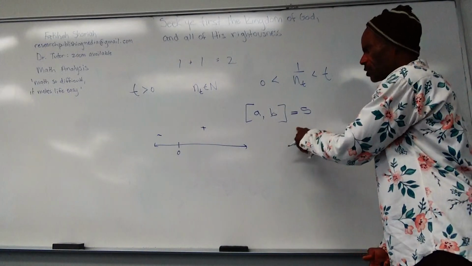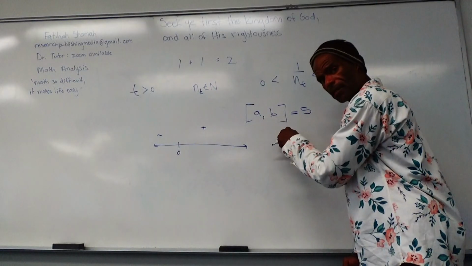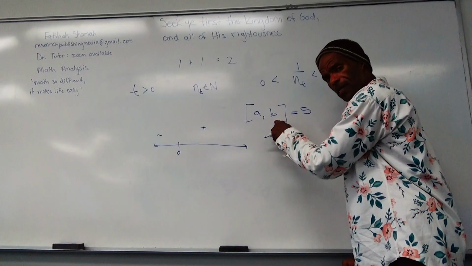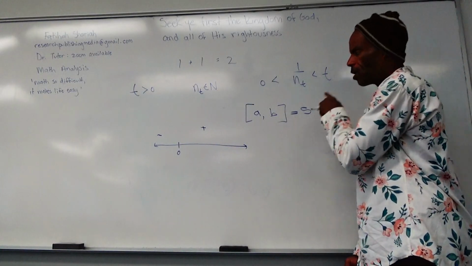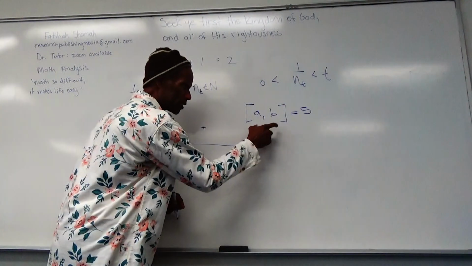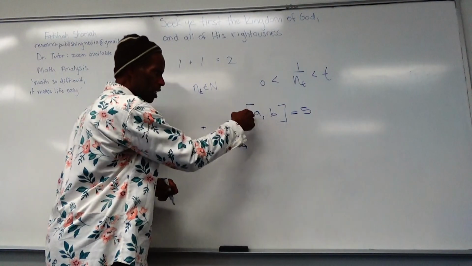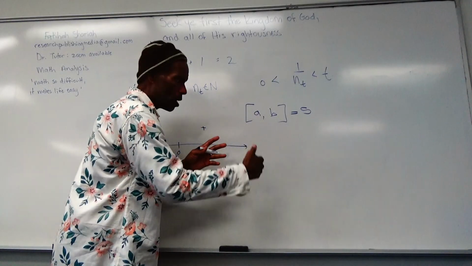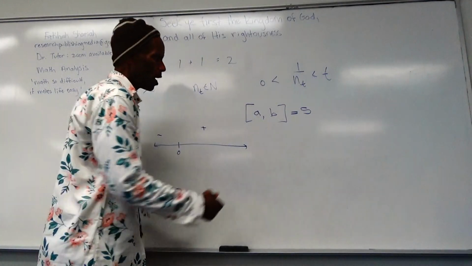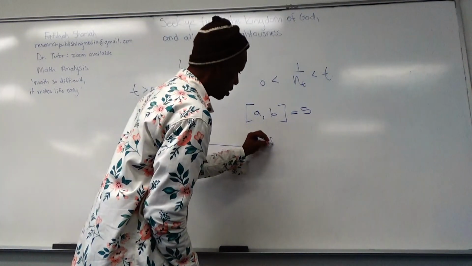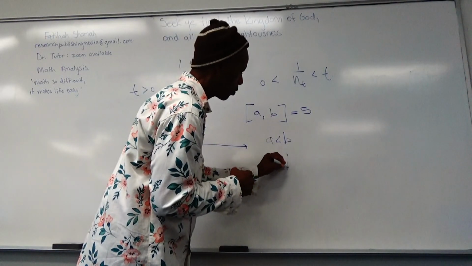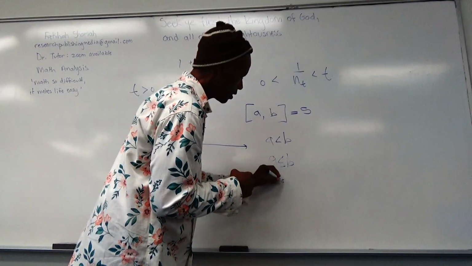S is the closed number set with variable A and variable B. We call that S. And what that means is that every number in this set equals A or is in between A and equals B. And A is less than B, or A is less than or equal to B, or A is equal to B.